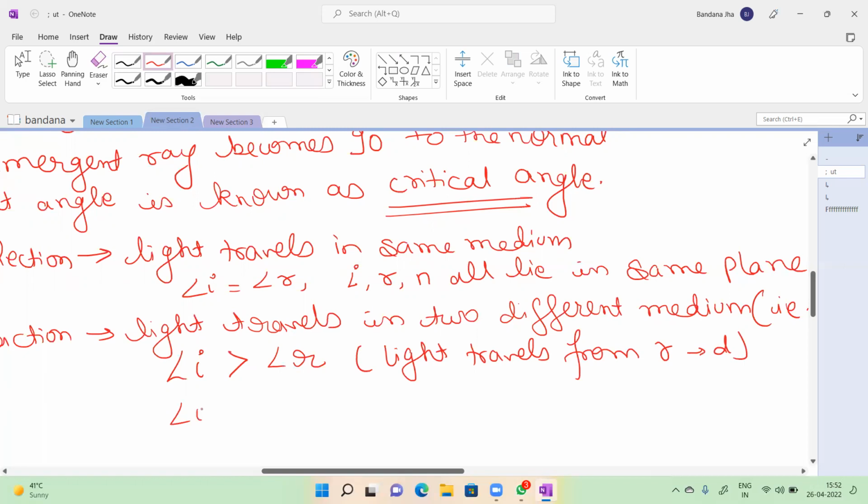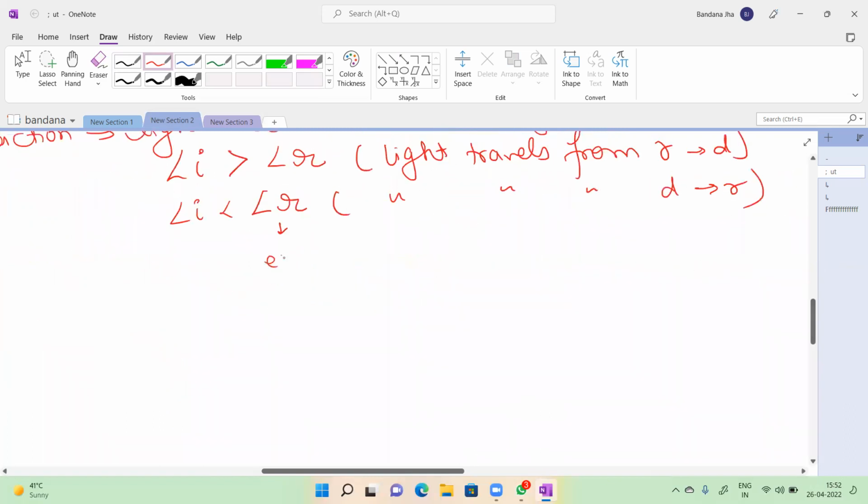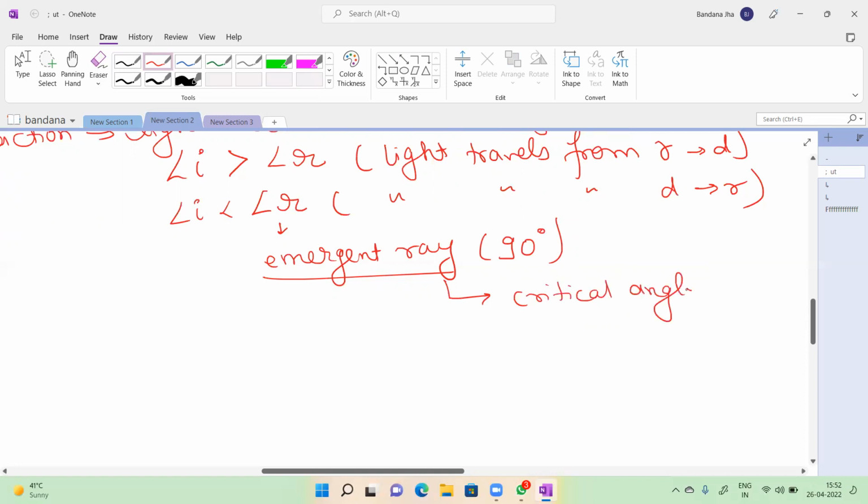And angle I is less than angle R. It means light travels from a denser to a rarer medium. In this case, R is known as what? Emergent ray. And when this emergent ray becomes 90 degrees, then that is known as what? Critical angle.